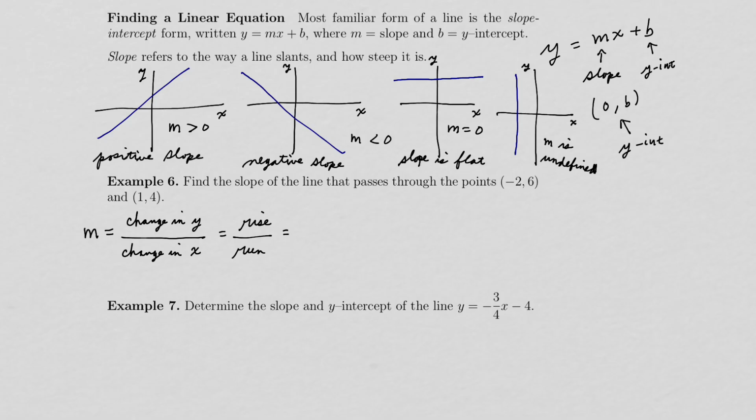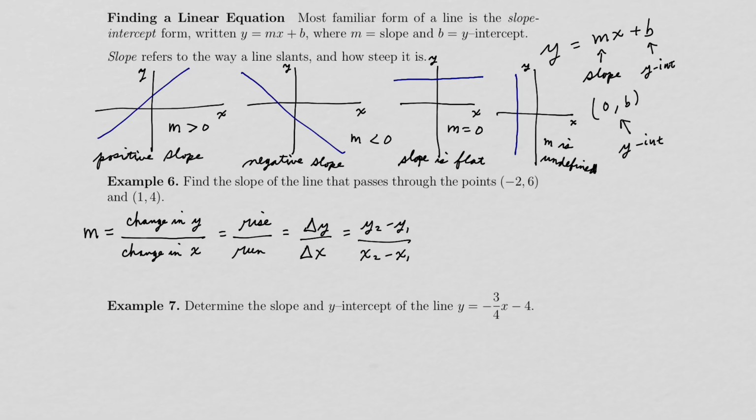Another way of writing change is delta. So we could say delta y over delta x, right? That's the same thing as change in y over change in x. Or explicitly, remember, change always means final minus initial. So I can write this as y2 minus y1 over x2 minus x1 if I know the coordinates directly.